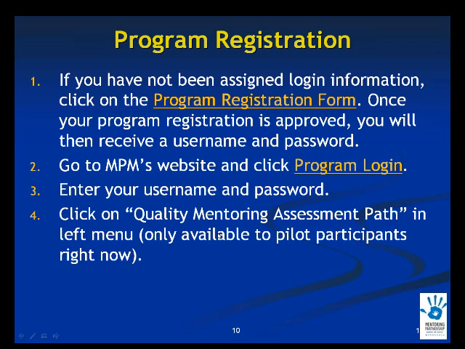So what I've done is I have a made-up program that I went through the program registration process with. I got my username and password, and so I'll show you what that looks like and how you log in, and then how you get access to the QMAP.